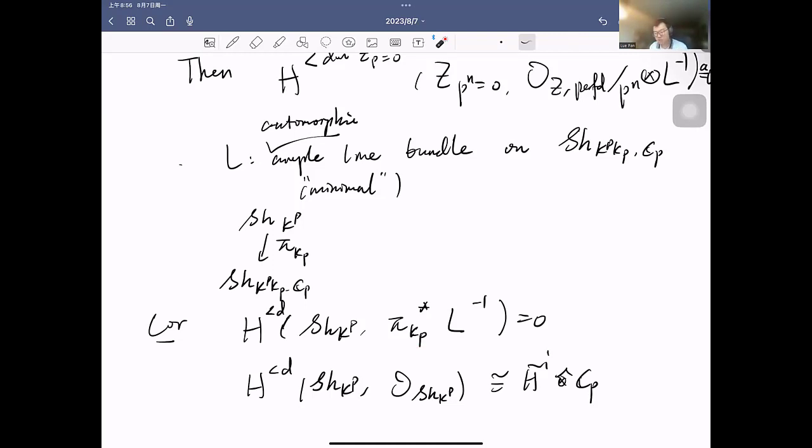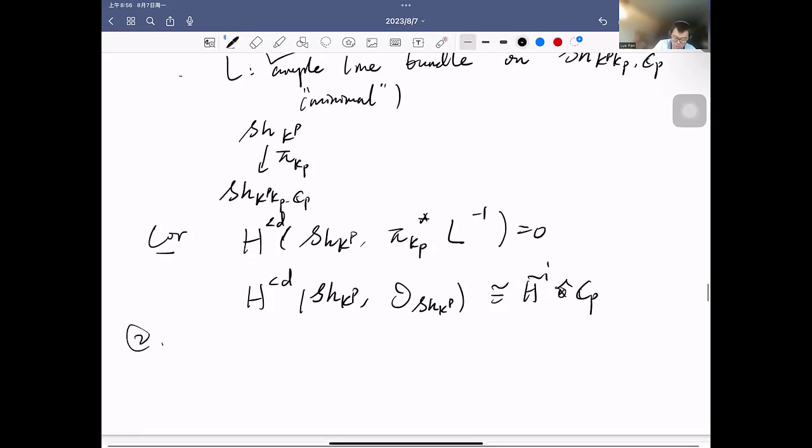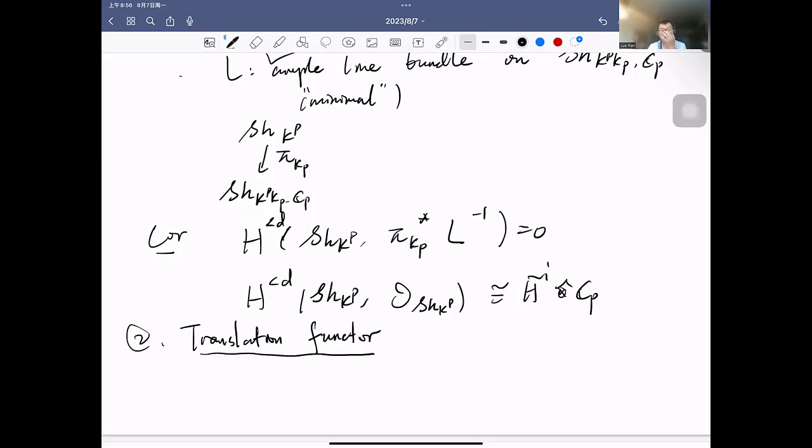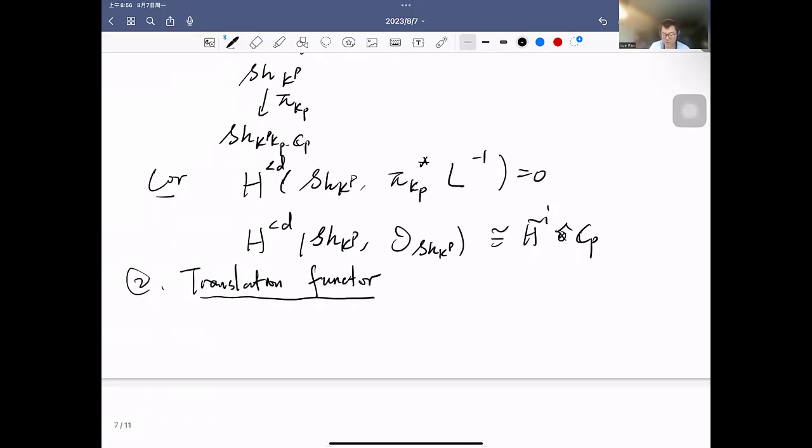Actually, people already knew how to do this in the context of localization. This is what you should call the translation functor. I will not have time to really explain the details in this context, but let me try to explain the idea here.